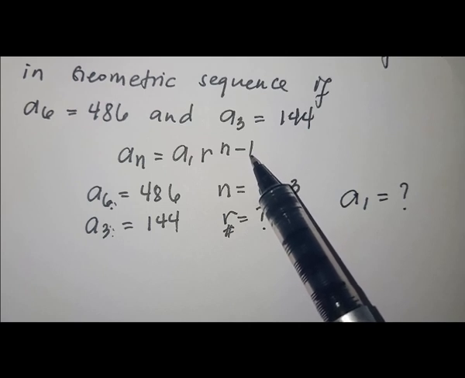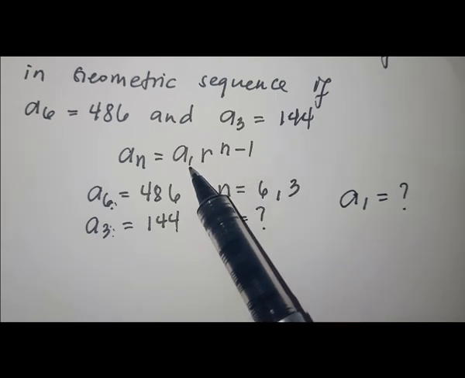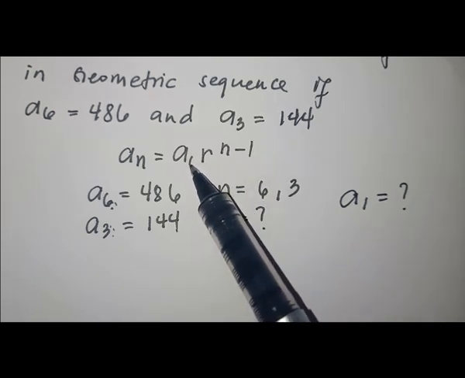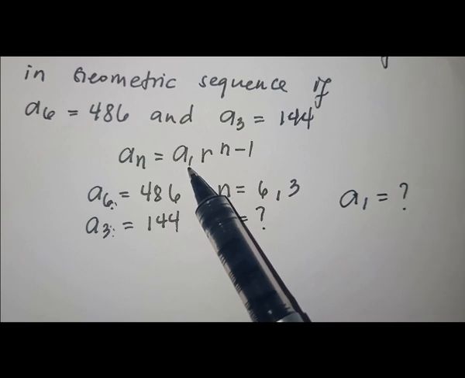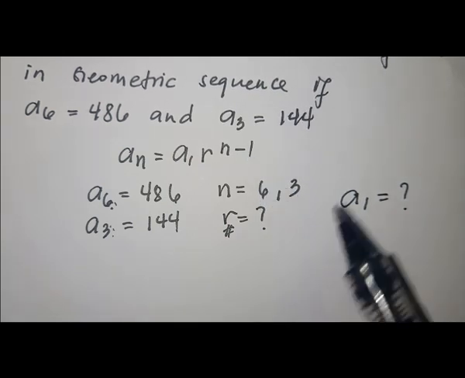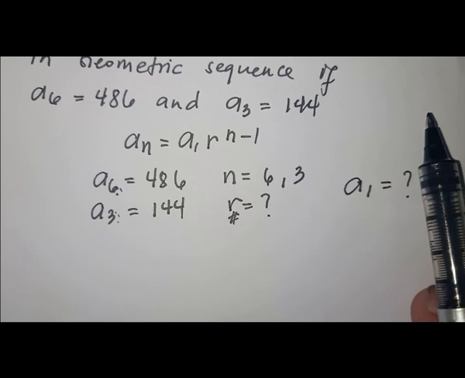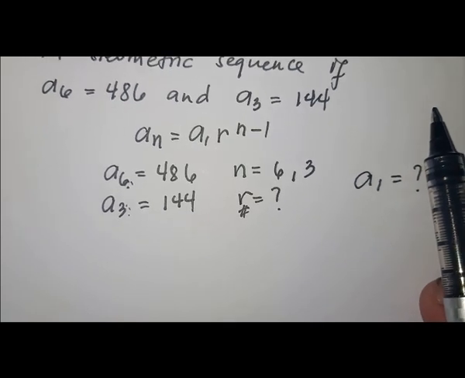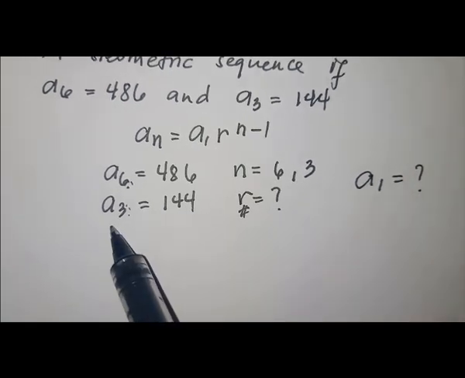Bakit ba siya minus 1? Kasi ang ginagamit natin kasama ng formula ay yung first term. So, ibig sabihin, kapag ito ay a sub 2, ginamit natin yung a sub 2 kunyari as first term, ito ay magiging n minus 2. Okay? So, sa case na to, we will assume na ang first term natin ay yung a sub 3.